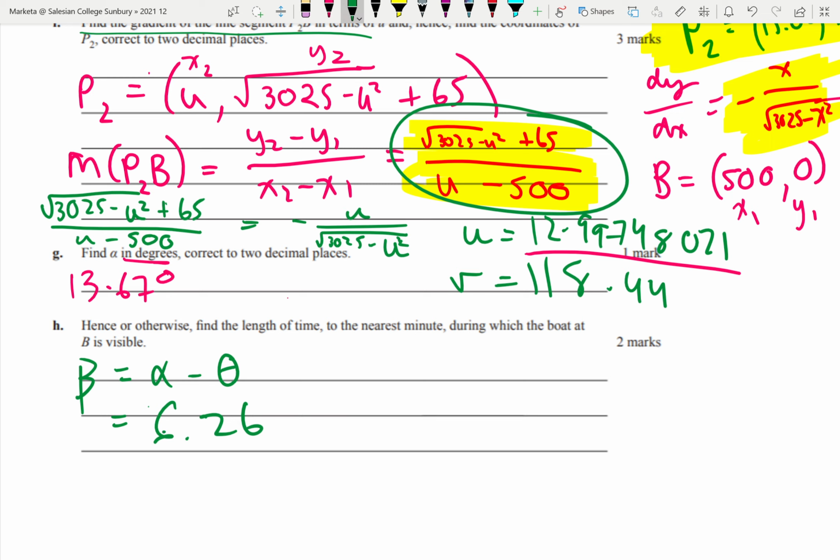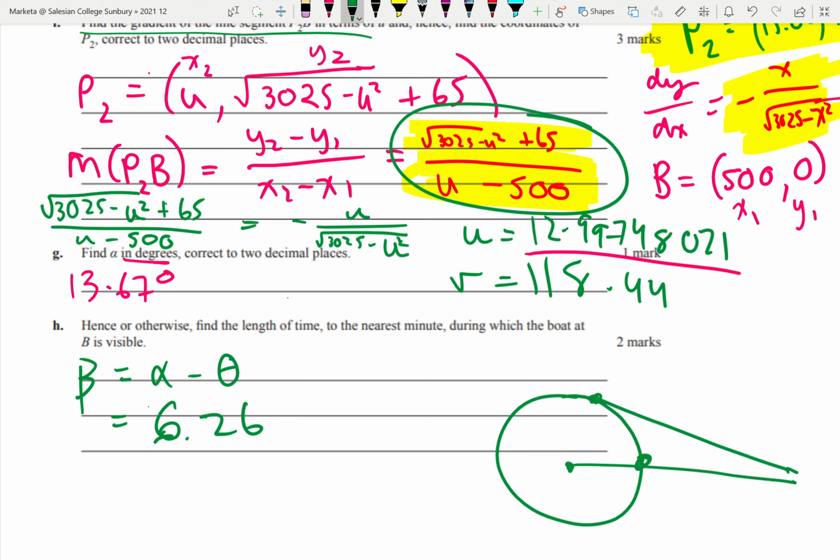So in other words, what I have now is the circle, and a point here to here, and that's where I can view the boat B. Here's a right angle, and I've got this angle of 6.26. Now this is 90 degrees.